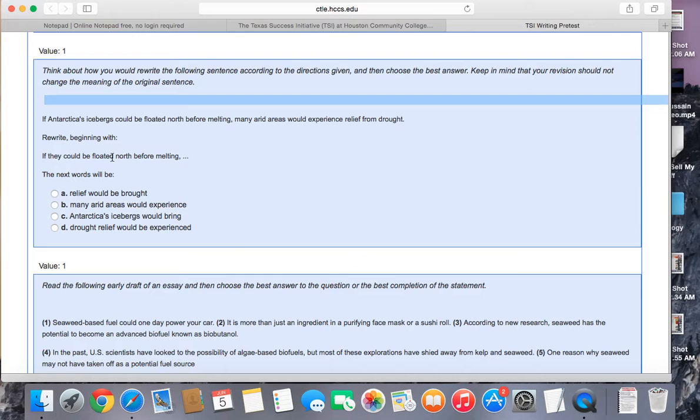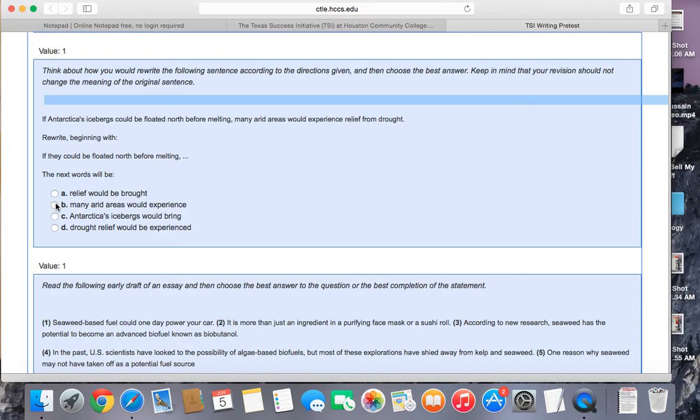So if they could float north before melting, I'm going to logically say it. I'm going to finish it in my mind first. If they could float before melting, many areas would experience drought, that's probably what I'm going to say.